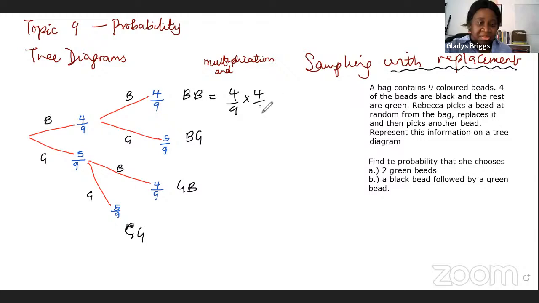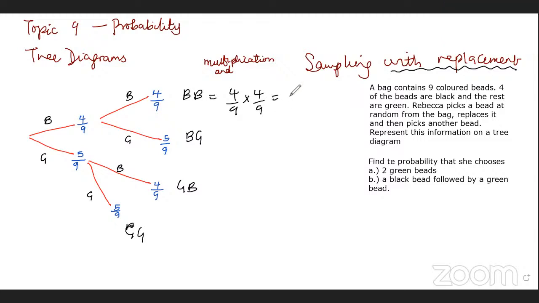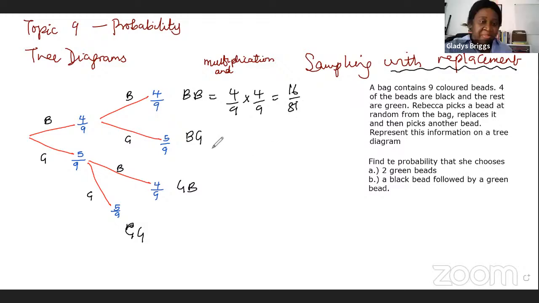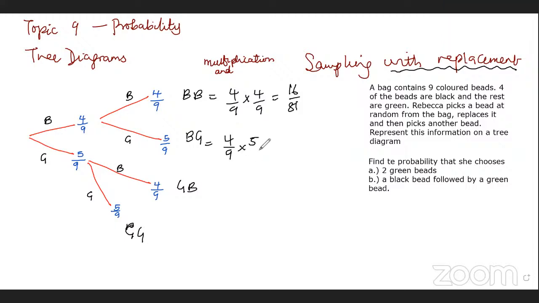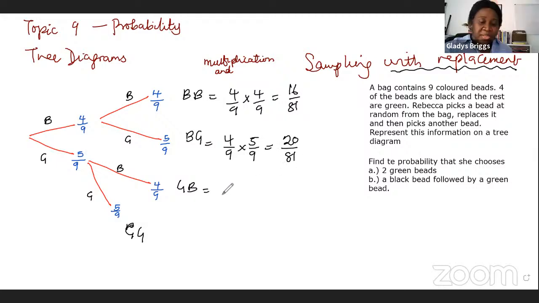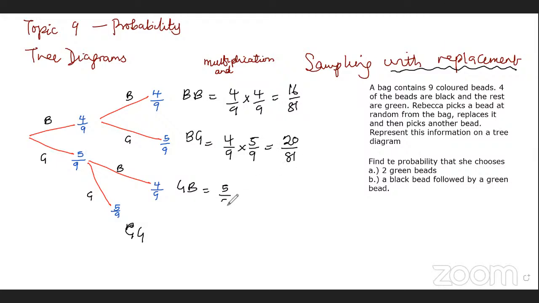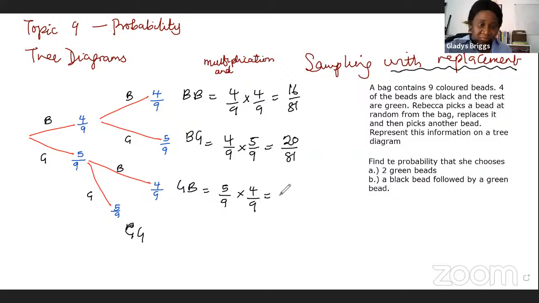4/9 times 4/9, 16 over 81. Okay, and how about this one? 4/9 times 5/9, 20 over 81. And this one will be 5/9 times 4/9, which is the same, 20 over 81.